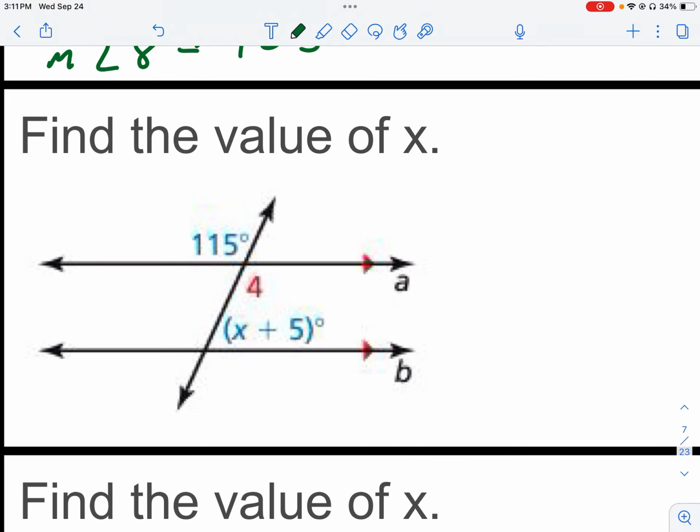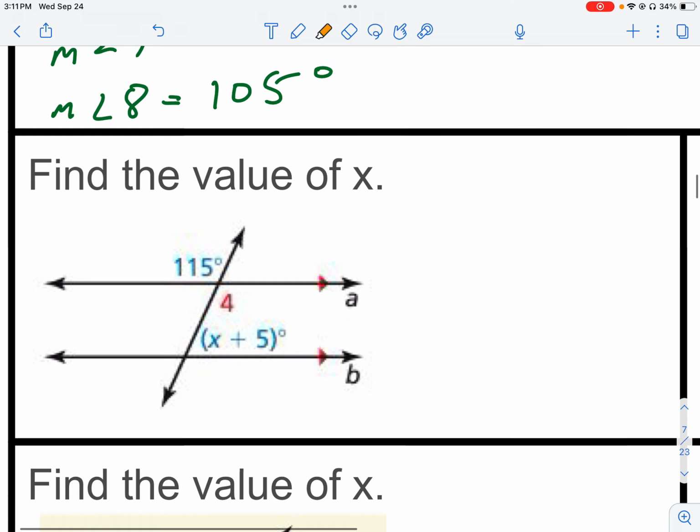So find the value of x. So here's x. Well, what do we know about this value here?